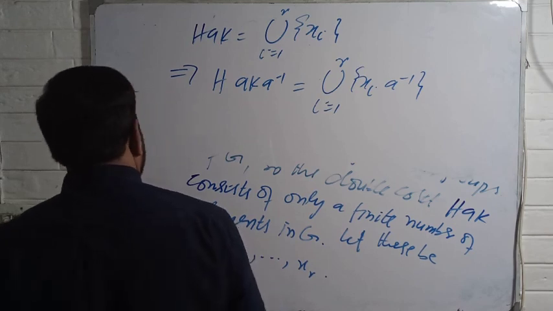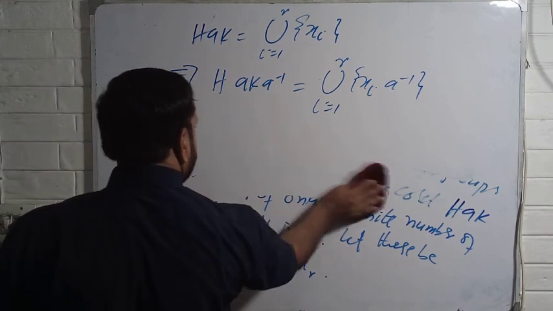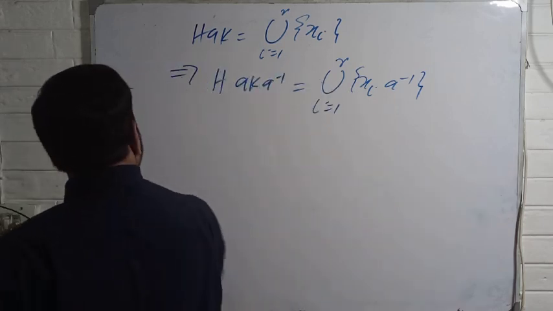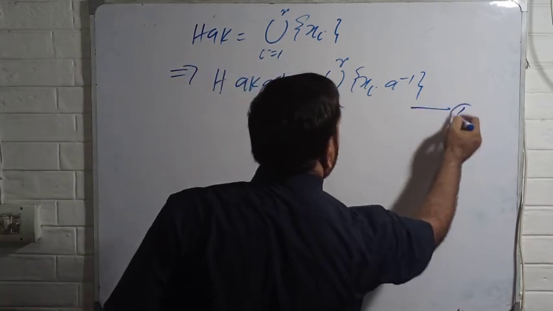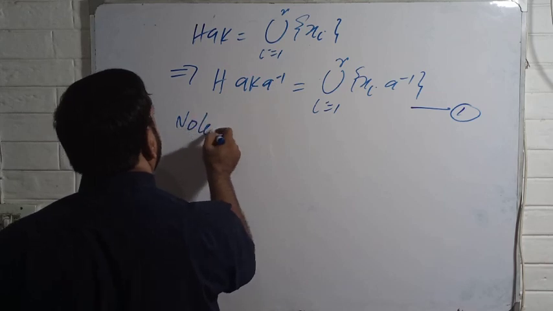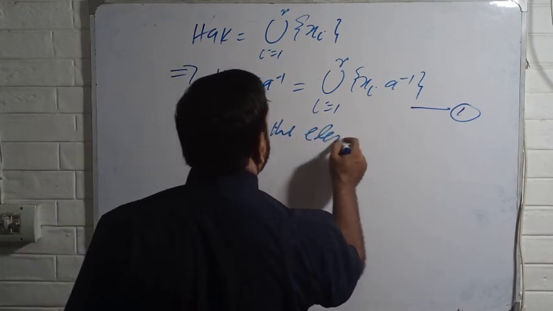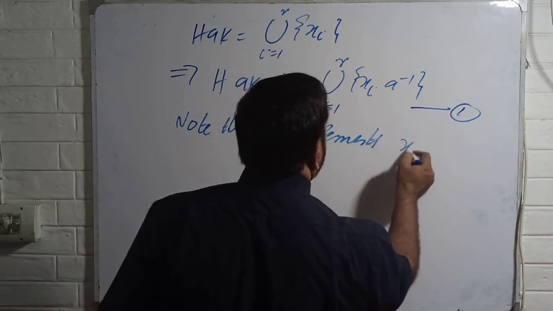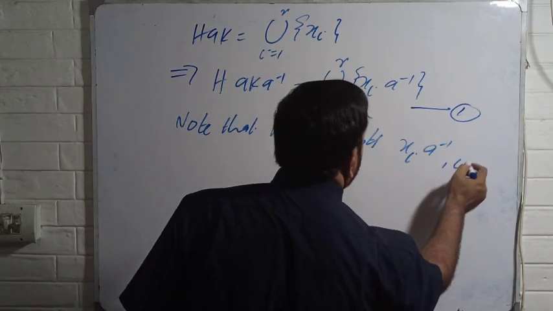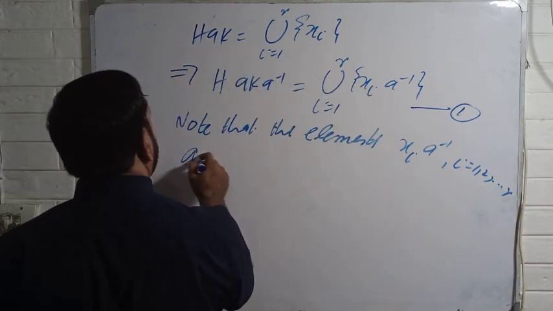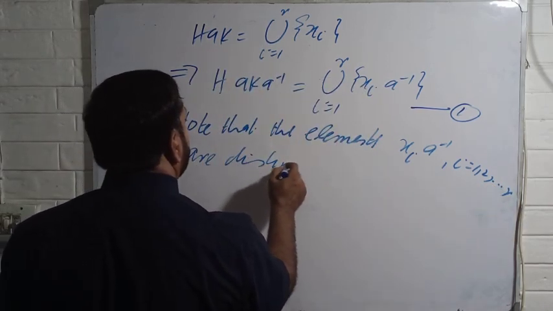We claim that, note that the elements xi A inverse for i equal to 1, 2, and so on, are distinct.